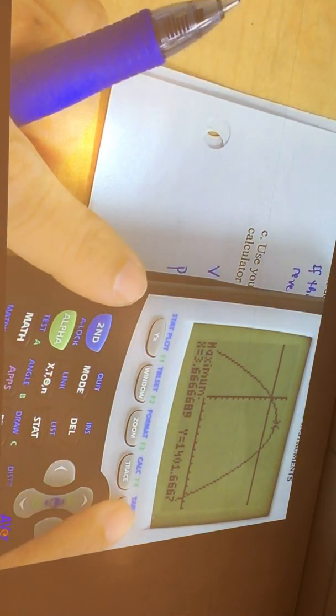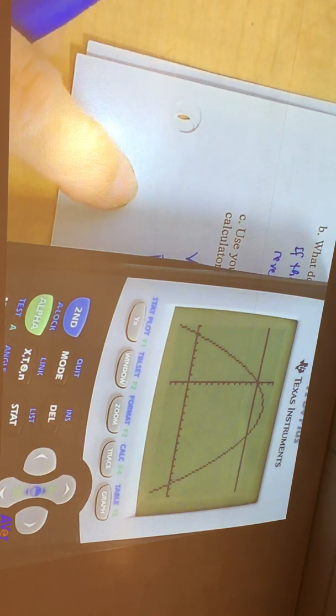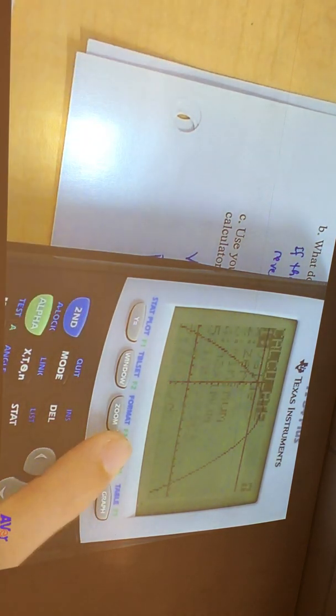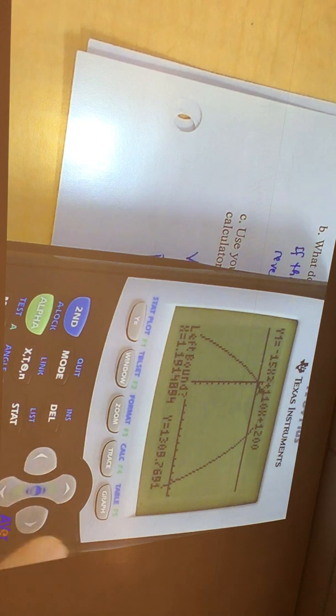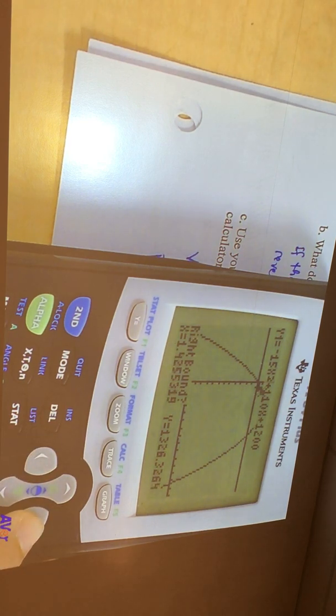Everyone, press graph first. We're looking for a maximum, right? So, second trace, maximum. Left bound, left of the highest point. Right bound, right of the highest point.